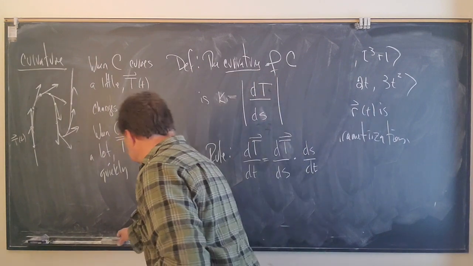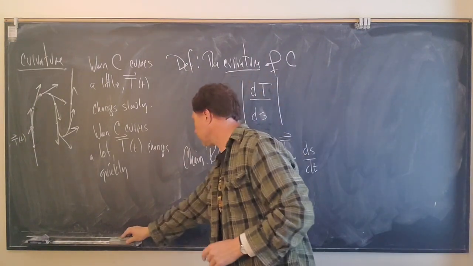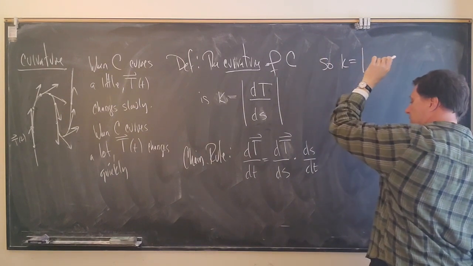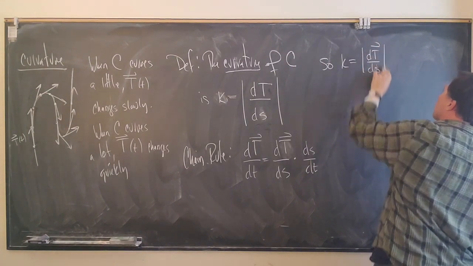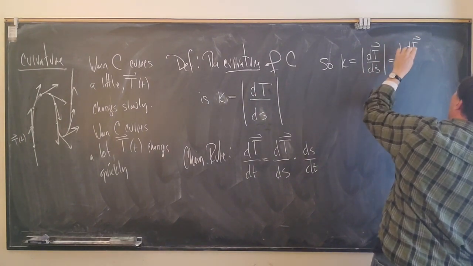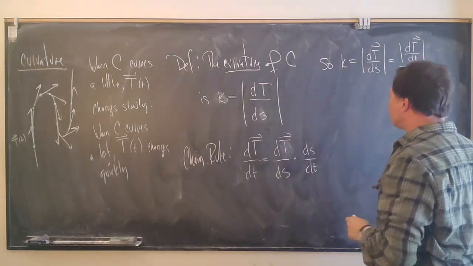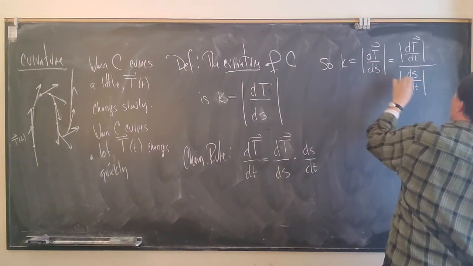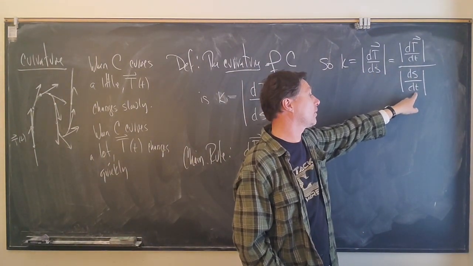So if I solve for dT/ds and take the magnitude, we can say the curvature, which is the magnitude of dT/ds, is equal to the magnitude of the derivative of the unit tangent vector divided by ds/dt. That's the derivative of the arc length function right there.